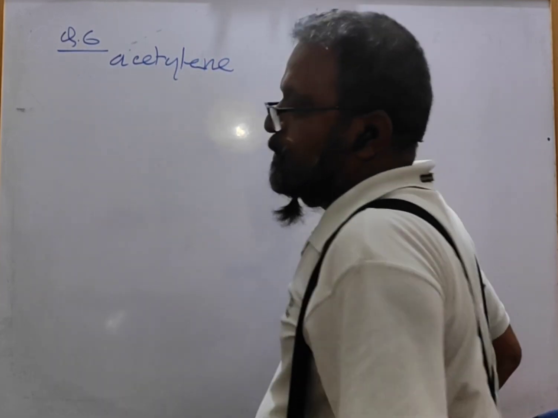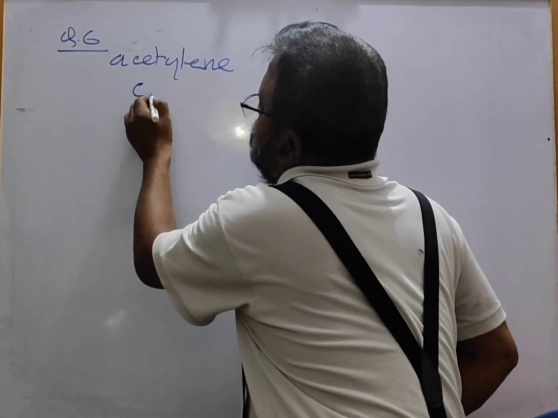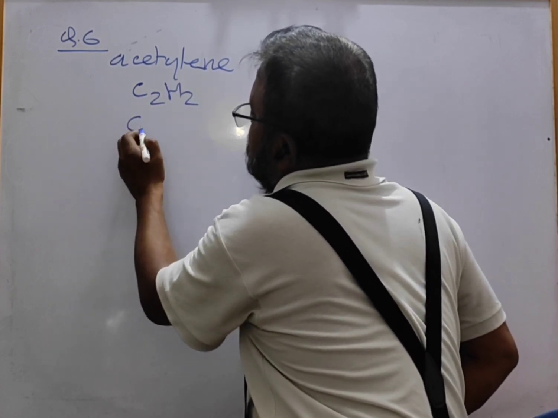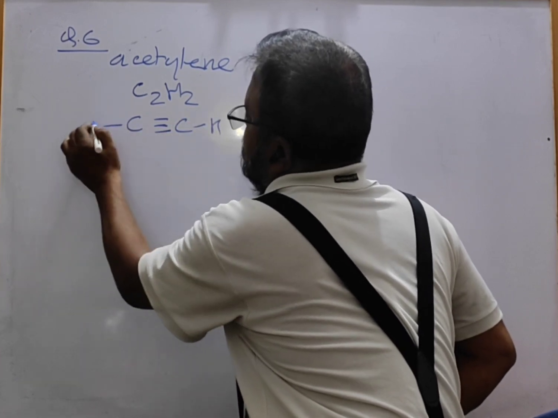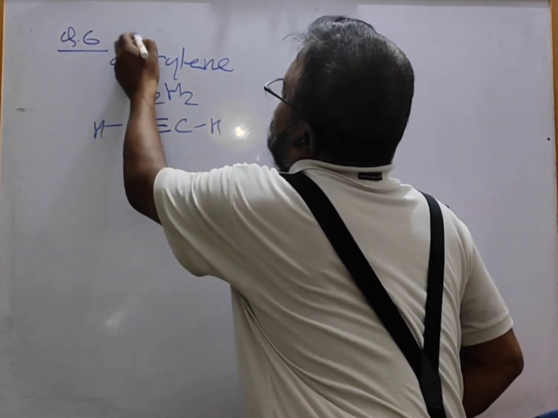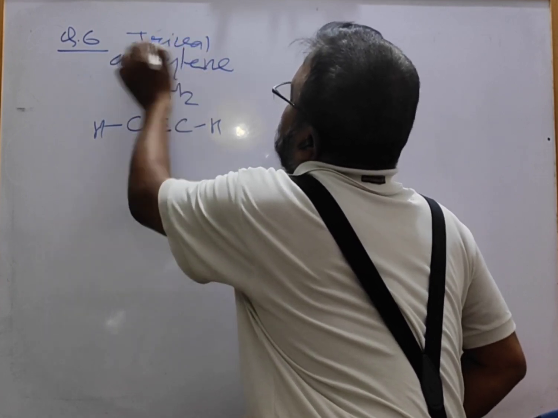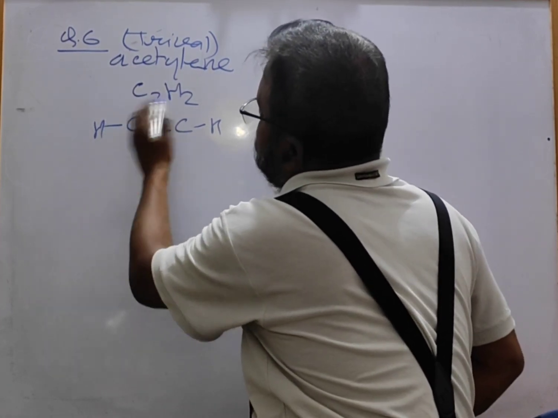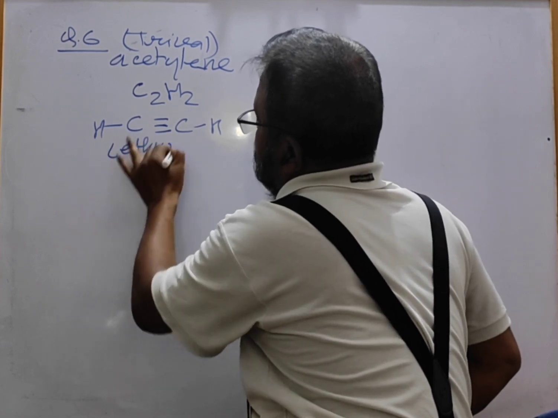Basically, it is ethyne, C2H2, with a triple bond between the two carbons, each with one H. Acetylene, C2H2, is called ethyne.